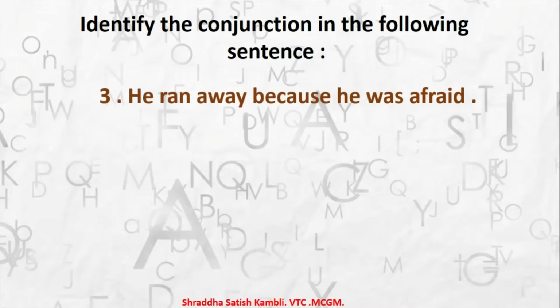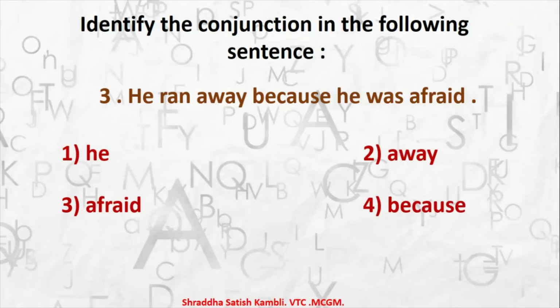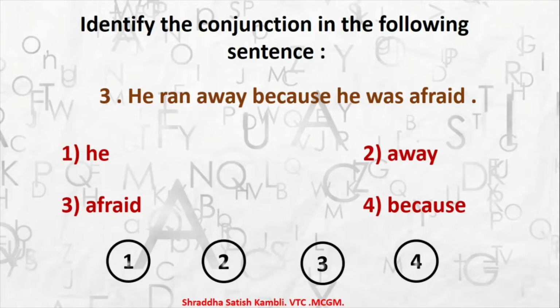He ran away because he was afraid. Let's see which one of these words is the conjunction. Is it he? Is it away, afraid, or because? Which one is the conjunction, children? It is the fourth one, because.